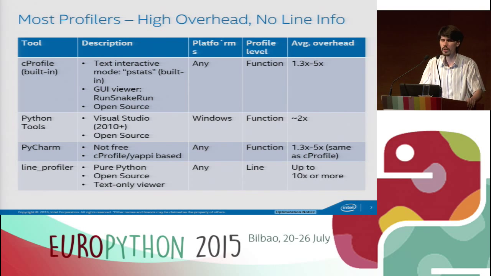Then there is the line_profiler package, as I said. It provides you with line level information, but the overhead is, oh man, up to 10 times or more. There are some more statistical profilers out there, less known, like statprof and plop, the Python low overhead profiler, and the newcomer, vmprof from the PyPy team.